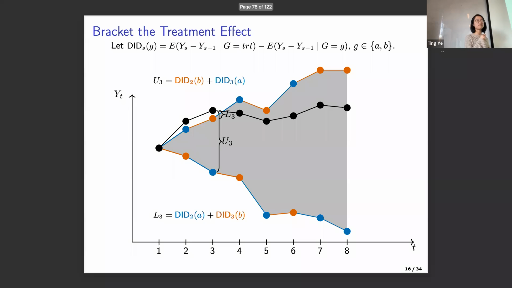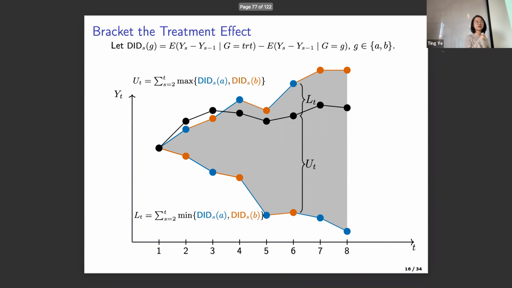But for time point 3, we need to take the sum of the pairwise maximums as the upper bound and the sum of the pairwise minimums as the lower bound. Similarly, for any general time point t, we take the pairwise maximum of the 2 DIDs and the pairwise minimum as the upper bound and lower bound.